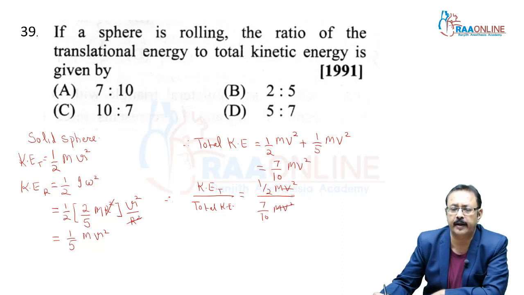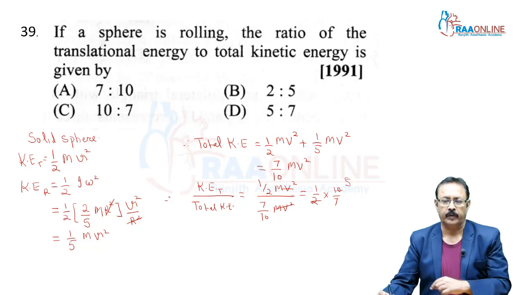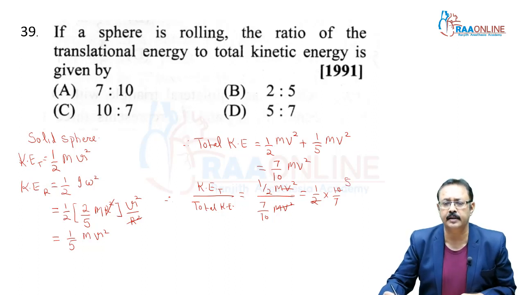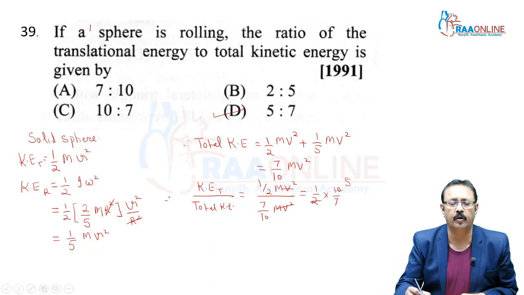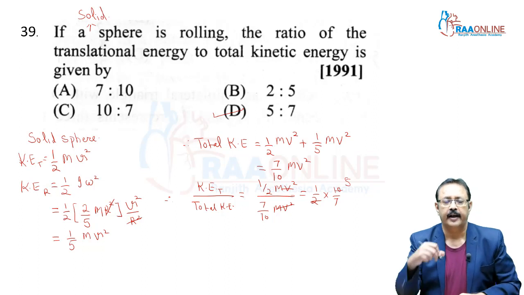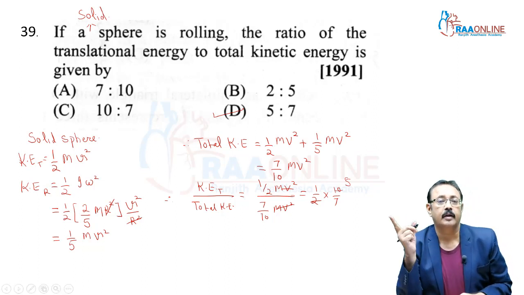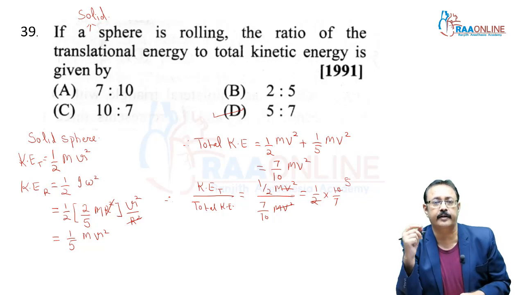Cancel mv square by mv square. 1 by 2 divided by 7 by 10 means 10 by 14, so we are getting 5:7. So we take answer D, and write here, for a solid sphere. If you use a hollow sphere, you will get a different result.